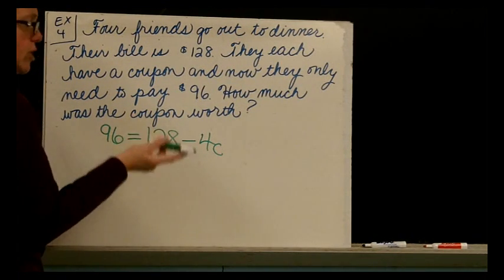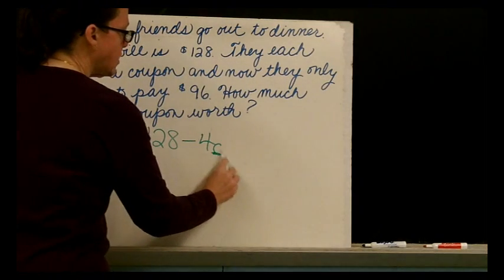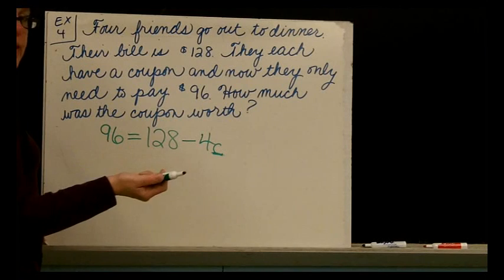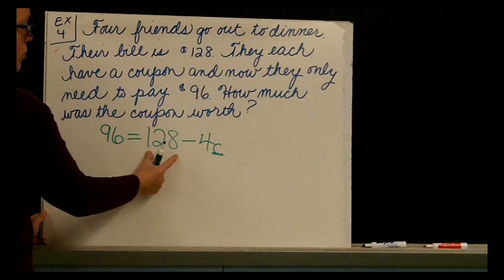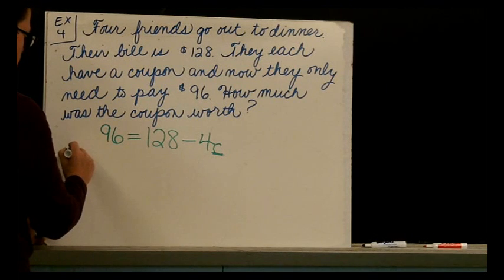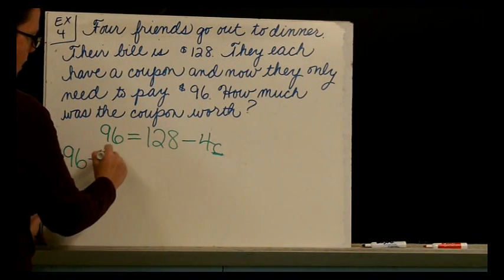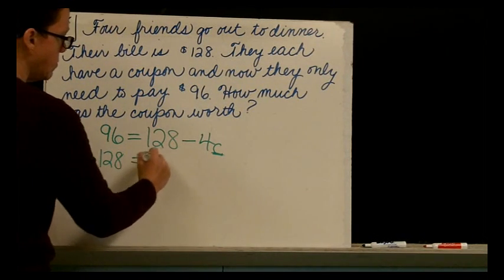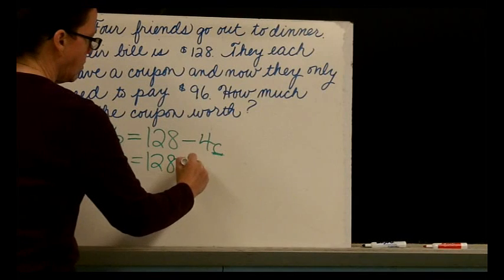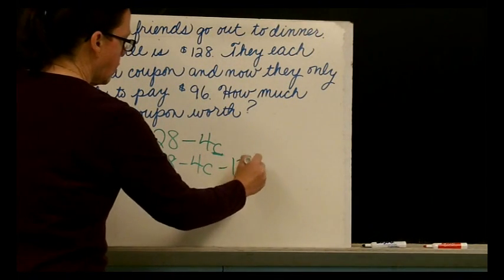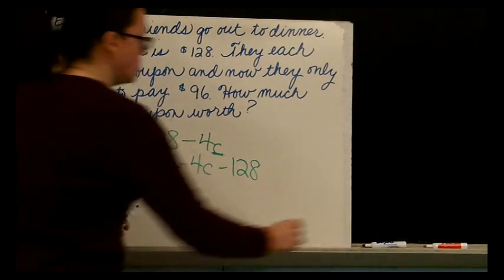The rules don't change. Our goal is to get the variable by itself. Our first step is to negate the constant, which means we're going to put a negative 128 on both sides. So let's do that. 96 and a negative 128 equals 128 minus 4c, and then our negative 128.